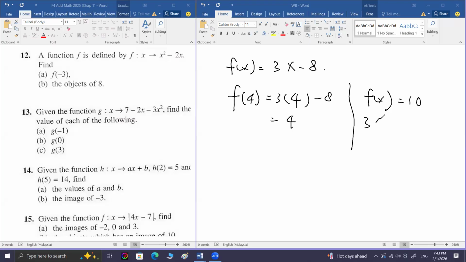Yes, 3x minus 8 is 10. Then find x with the alphabet. How do you do it? It's not hard. 3x is what? 18, yes. What is x? 6, yes. See the difference?